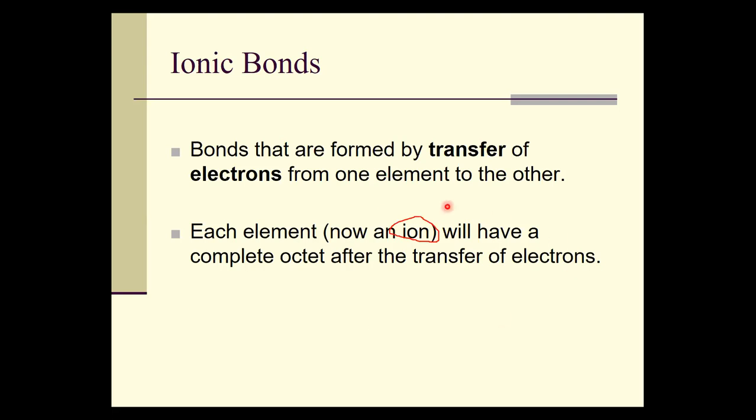Again, they're not going to move in a way that makes them less stable. They're only going to react in a way that makes them more stable. Now, what holds these together? If I give away an electron, I become positive, as the other element gains an electron, it becomes negative.